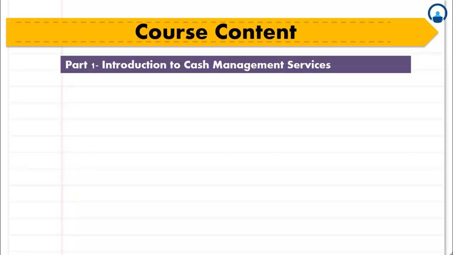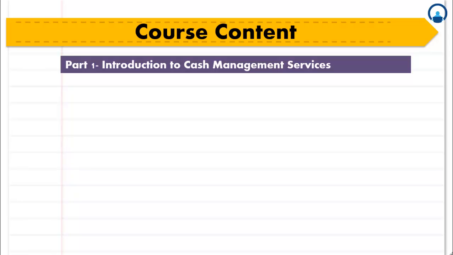Now, this course has basically been divided into 5 main parts. The first part would be Introduction to Cash Management Services, wherein I'd like to discuss with you the meaning of cash management services, its roles and objectives, why we use cash management, and what basically cash management services comprises of.